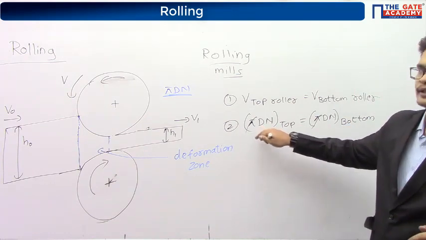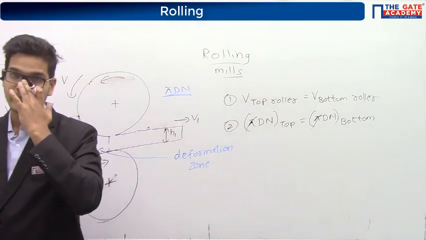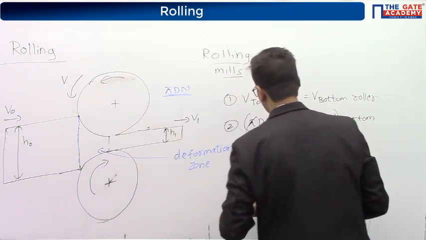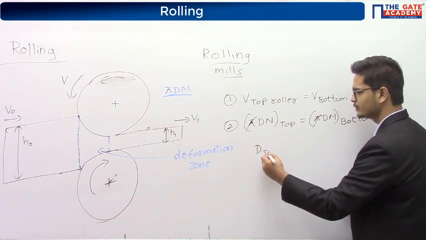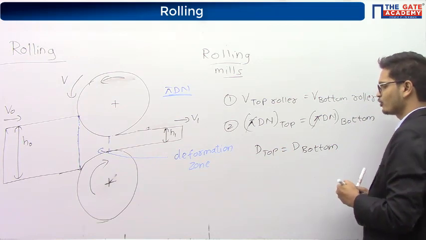Now, even the diameters of the top roller and bottom roller will be equal, to avoid any unbalanced forces. D top is equal to D bottom, where D is the diameter of the rollers.